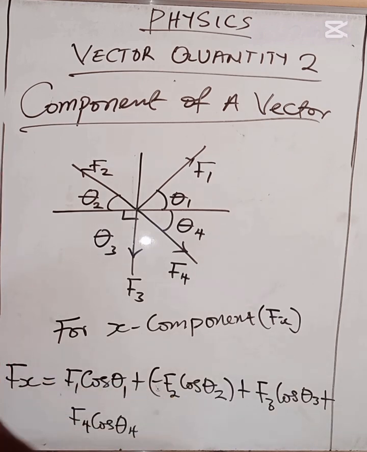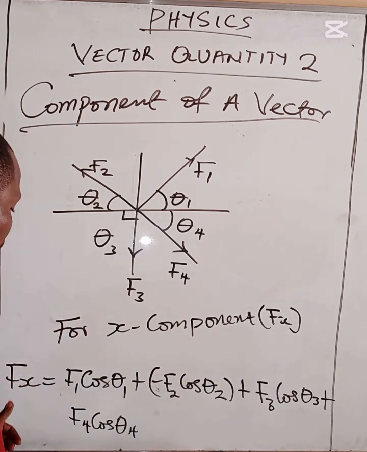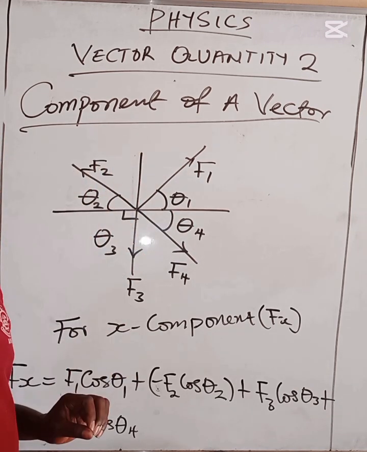If I have the numerical values, I will substitute and sum it up. That is going to give me the horizontal component of all these forces.